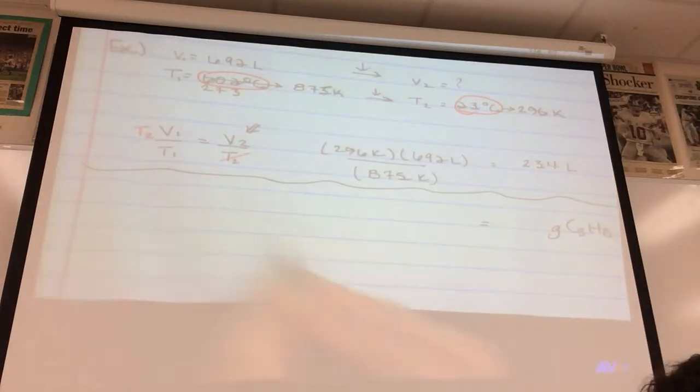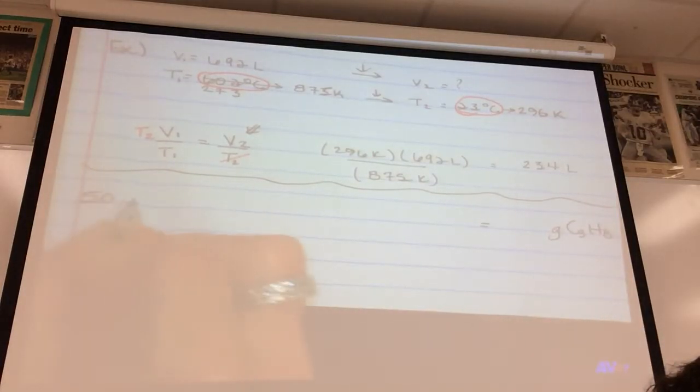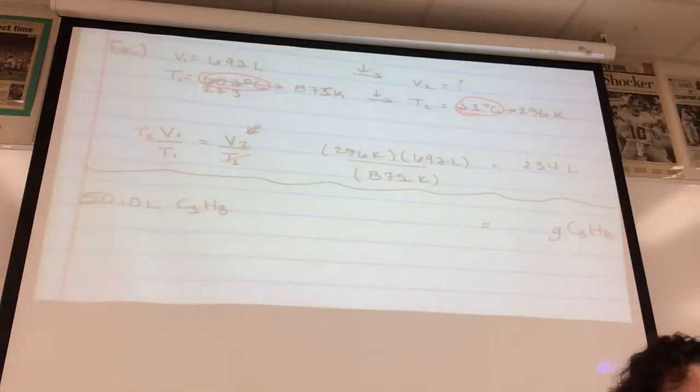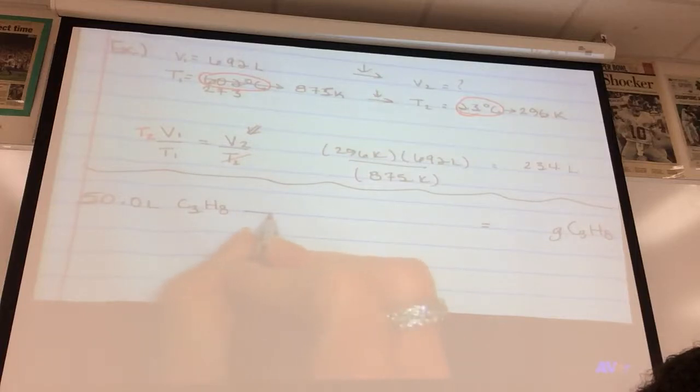And we're given 50 liters of the gas at STP. How are we going to get from the given to what we want to know? You can convert to moles and then to grams.